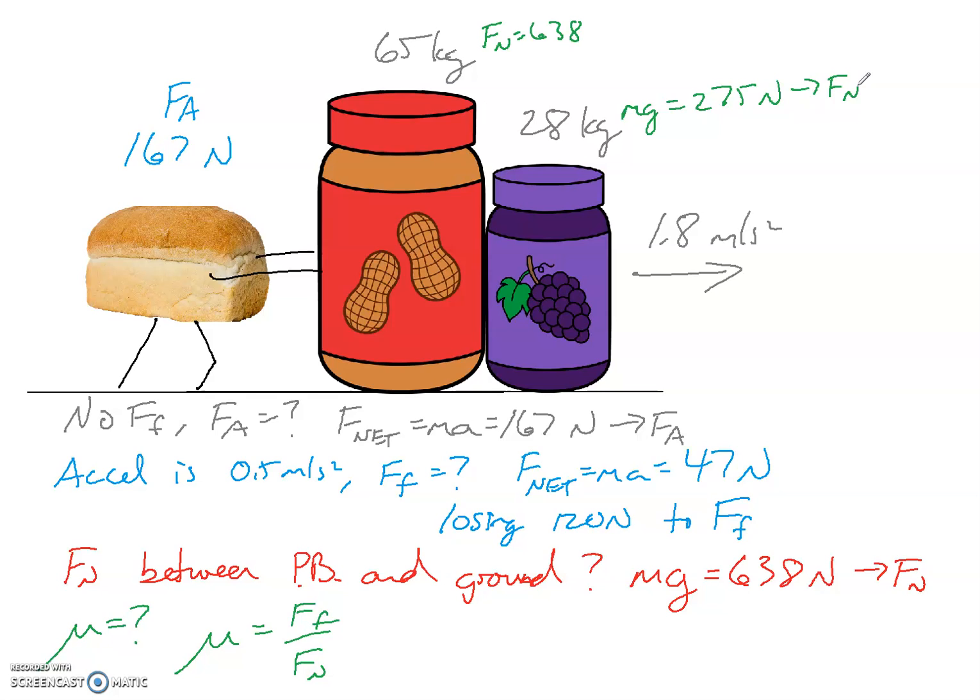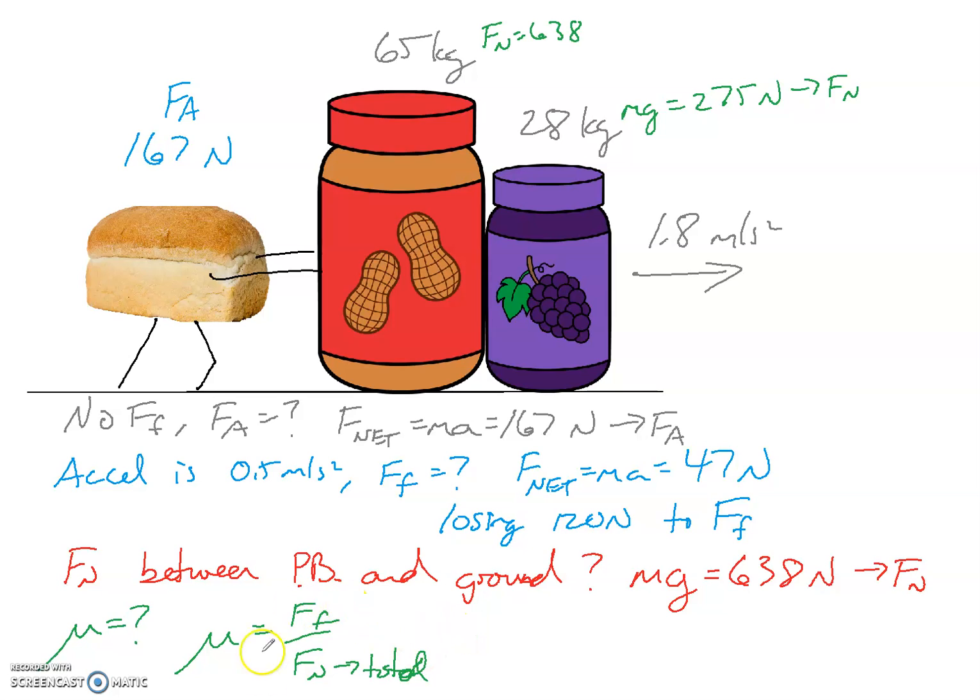Mg, or weight of the jelly, is 275 going down, the Fn for the jelly is just going to be 275 going up. And since we're just going to use the same coefficient of friction for both of them, we can actually just use the total Fn because when they're side by side on the same surface, same coefficient, they're almost like one object.